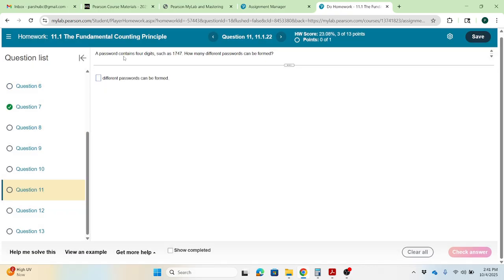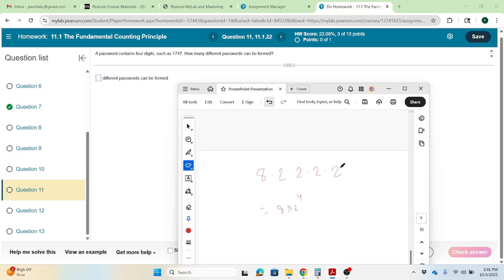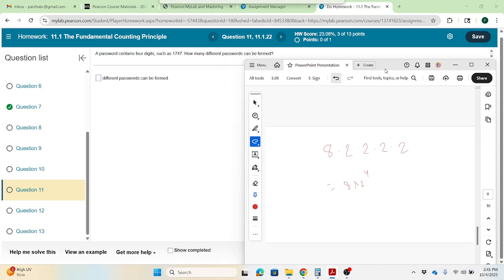A password contains 4 digits such as 1747. How many different passwords can be formed? Digits start from 0, 1, 2, 3, 4, 5, 6, 7, 8 and 9. There are 10 different digits.